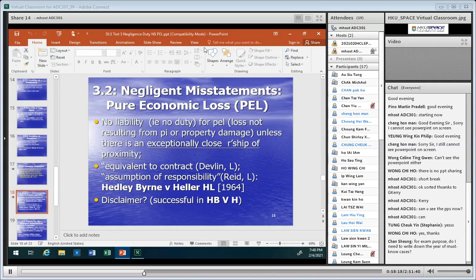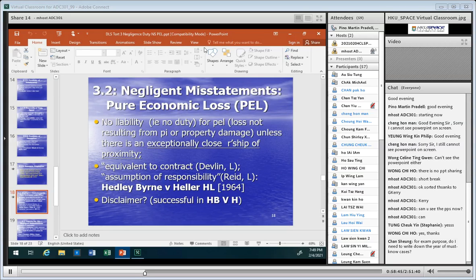And so there will be no liability for pure economic loss unless the plaintiff can prove this extra element of proximity. And with regard to negligent misstatements and pure economic loss, it's an exceptionally close relationship of proximity, equivalent to contract, said Lord Devlin.